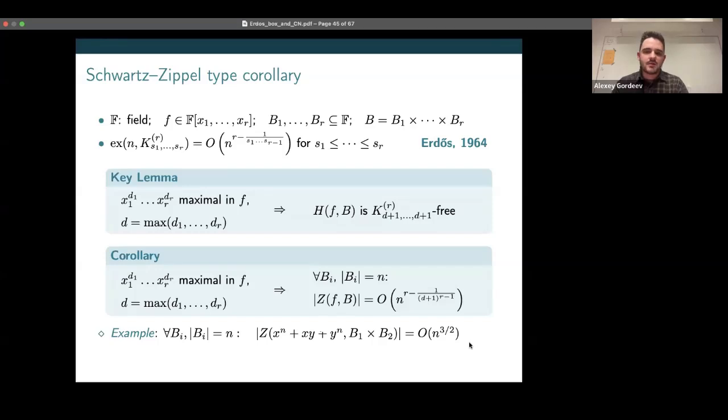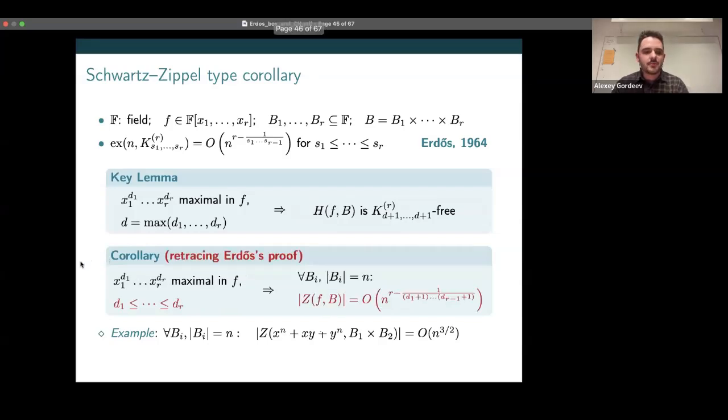But since this is a polynomial of degree n, the usual Schwartz-Zippel lemma wouldn't give any non-trivial bound on the number of zeros. And some generalizations that I know of also wouldn't give anything non-trivial. So I think it's an interesting corollary. I don't know of any useful applications. Again, if anyone has any ideas, it would be very interesting to discuss.